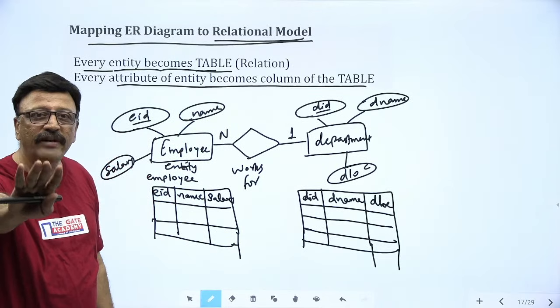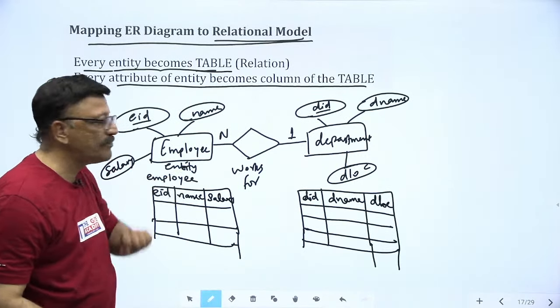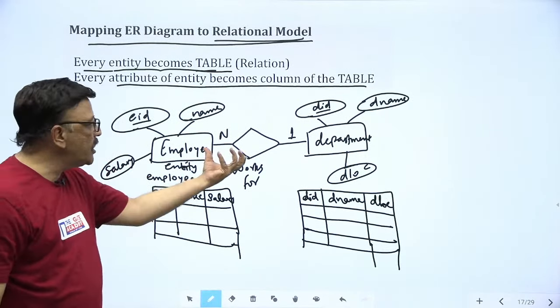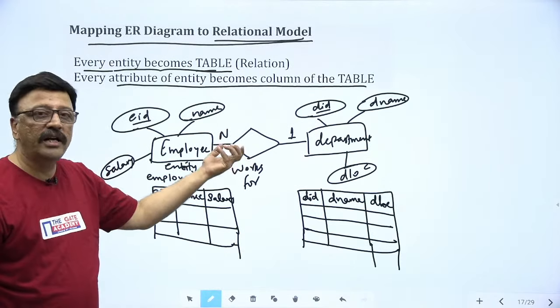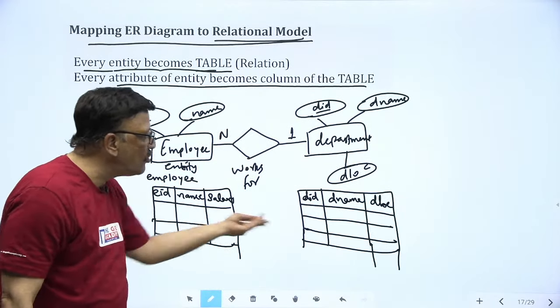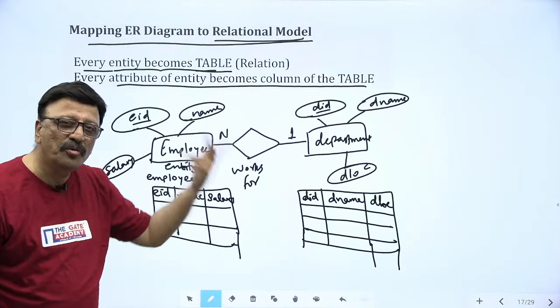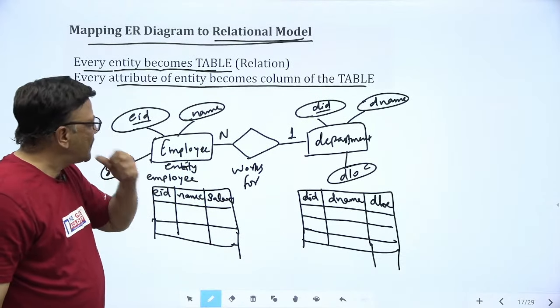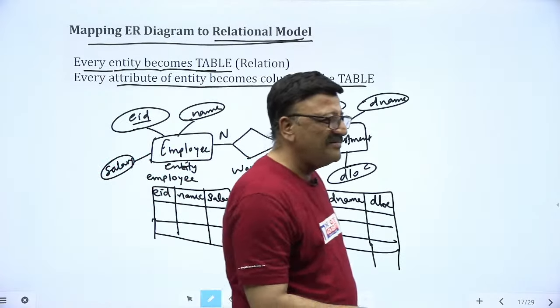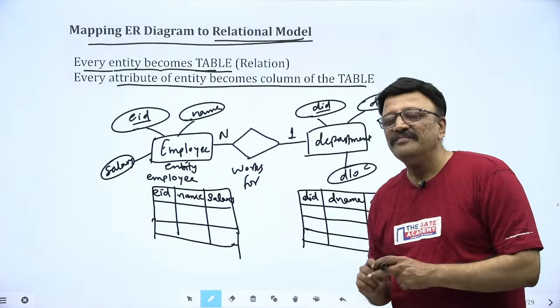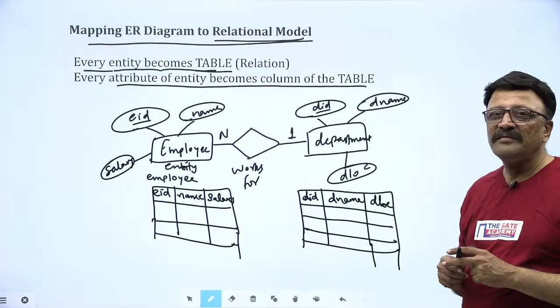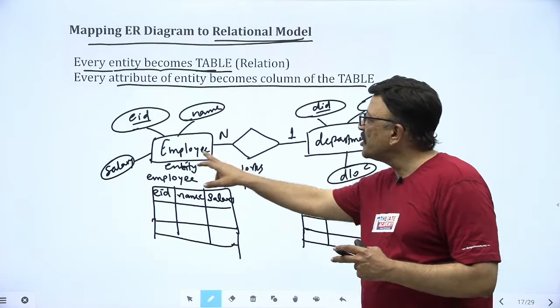Oh, hello, wait. What about this relationship? If we have shown it in our ER model, then it should come somewhere over here, isn't it? What do you do? You might wonder what happens to the relation, because it's so easy.